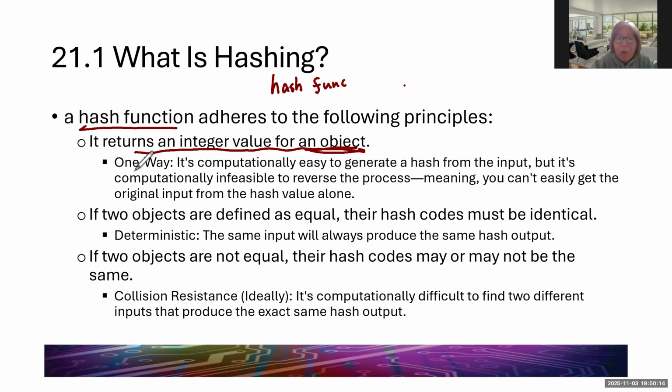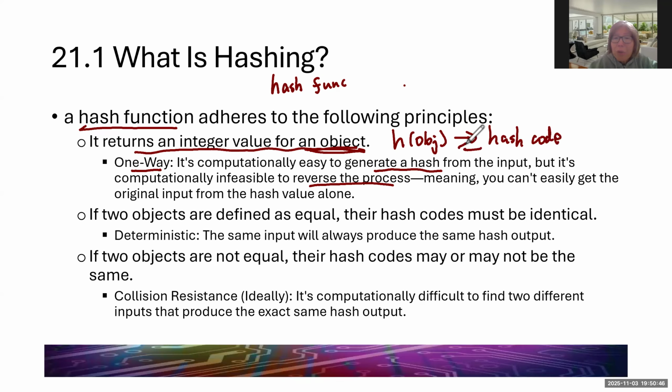Also, it's one way. The concept of one way is that it's computationally easy to generate the hash code from the input, but it's not computationally feasible to reverse the process. So we can go from hash object to hash code.